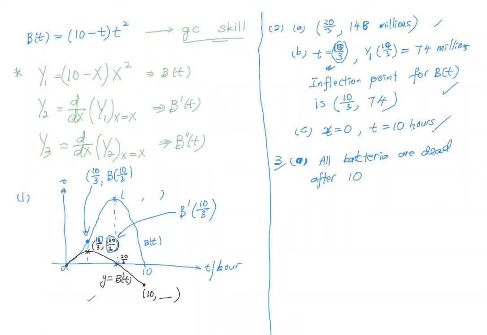When you come to application, you have to write down the unit of measurement. After 10 seconds, after 10 minutes, after 10 hours? Can you please go back to the question? Oh, wait, 10 hours. That's why, you see? Sorry, I forgot to highlight the hours.